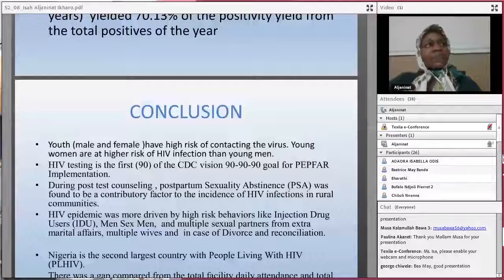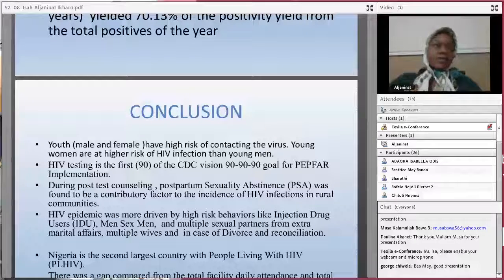And 90% of those who have been placed on treatment must attain viral suppression. So it's just as if we're trying to have epidemiological control over HIV.